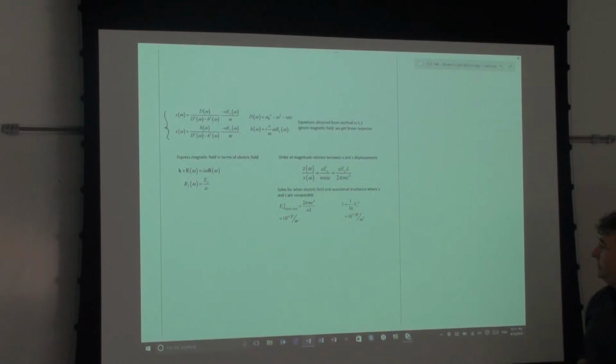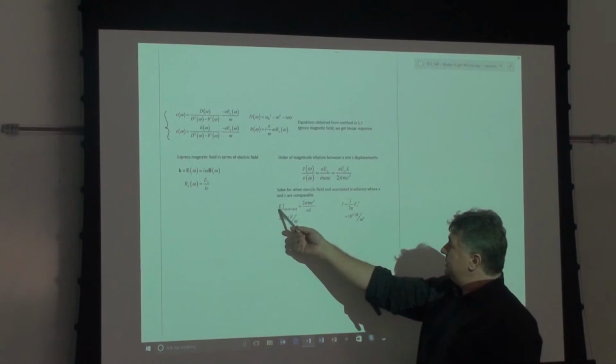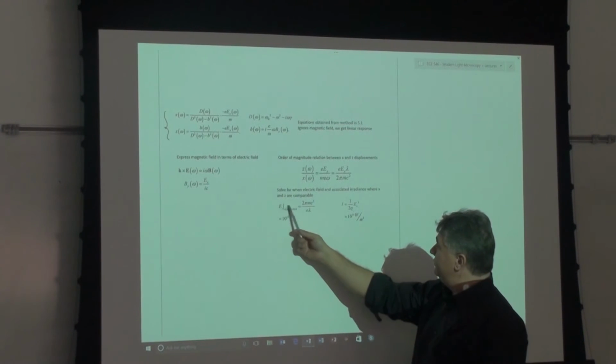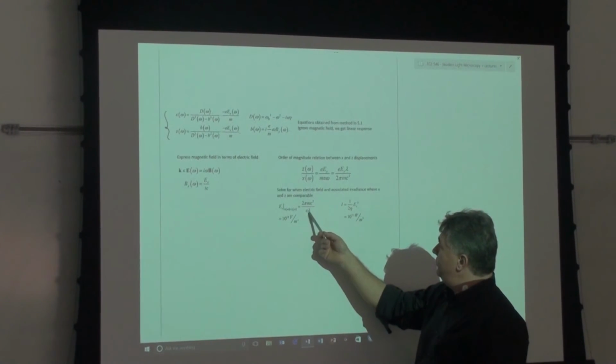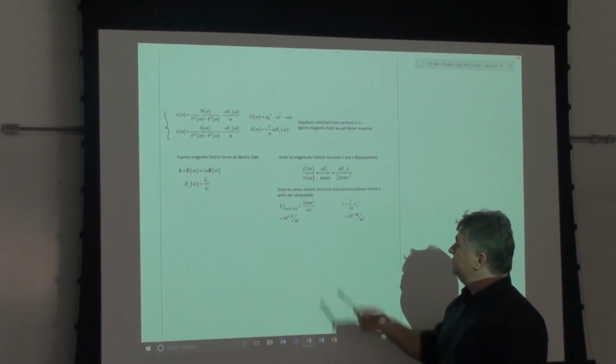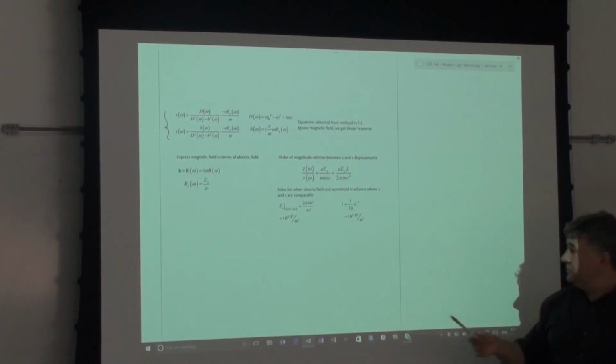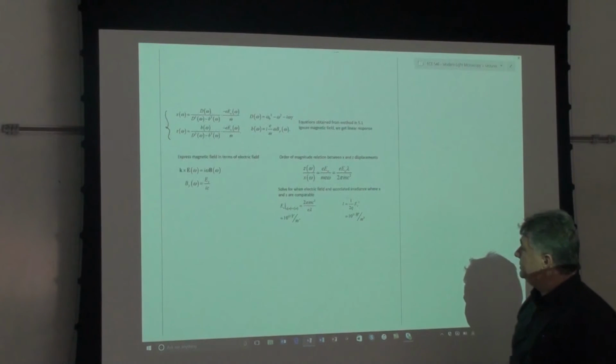And you can actually get estimates, you put numbers on the electric field amplitude if you want. If you estimate this, you pick a wavelength, I think I picked a micron or something. These are order of magnitude estimates, okay? So you get 10 to the 12, something like this.